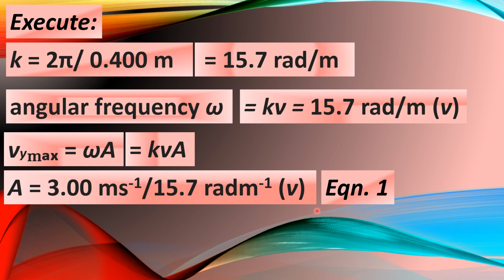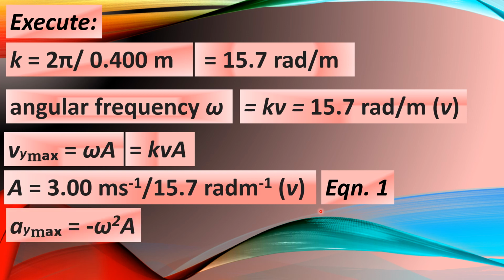All right. Also, we are given the maximum transverse acceleration, a sub y max. So, a sub y max is the acceleration of any particle that has a displacement equal to the amplitude of the wave.